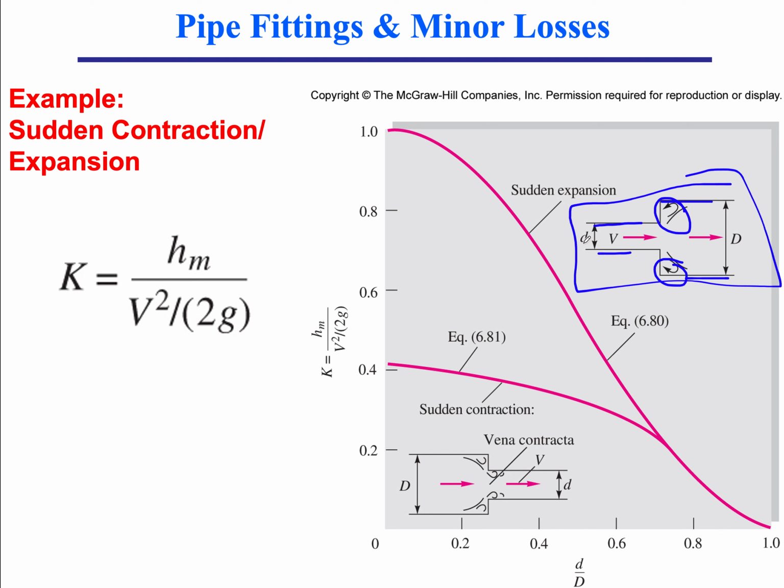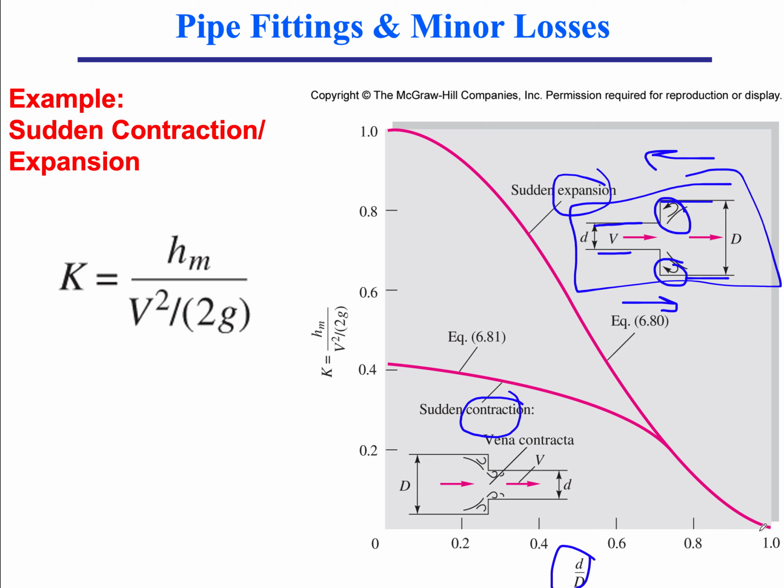So if the flow is going from left to right, it would be an expansion. If the flow is going from right to left, it would be a contraction. So let's look at the expansion, and let's look at this plot. It tells you the diameter ratio.